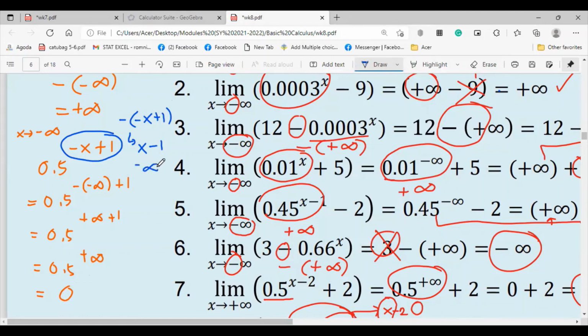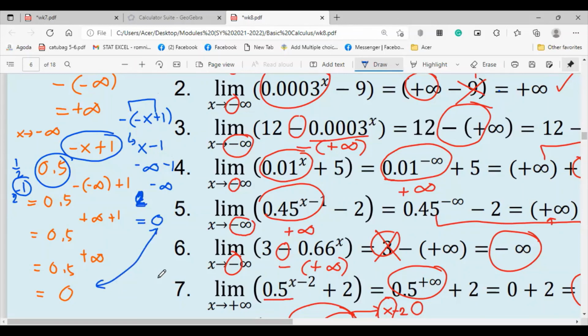So, you have negative infinity minus 1 is negative infinity. So, what is the base? The 1/2 magiging 2 na to, because 0.5 is 1/2. So, magiging 2 raised to negative 1 na siya. Kaya yung negative na yan, multiply mo sa negative x plus 1. Kaya nagkaroon ka ng 2 raised to negative infinity. It is simply 0.